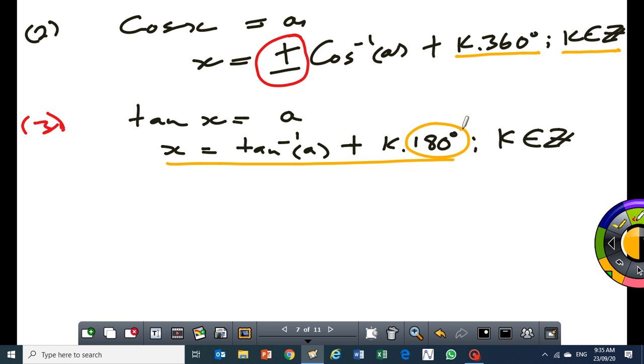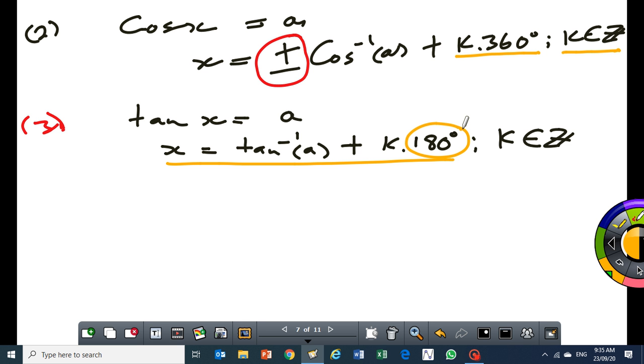So for tan, be extremely careful with that k times 180. I have seen learners putting k times 360. So be very careful. These formulas are called the general solution. They are used to determine all the possible solutions to any trigonometric equation.